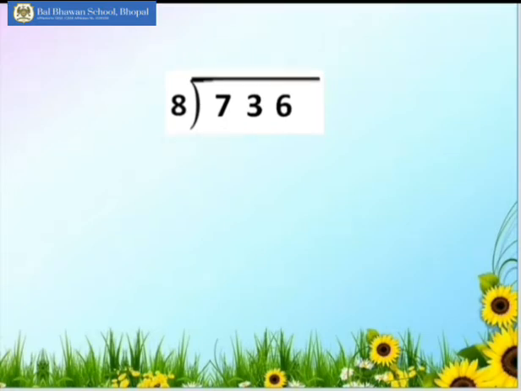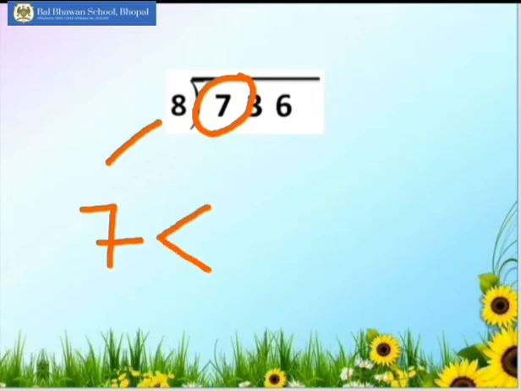Before starting the division, we will compare the first digit of the dividend, that is 7, with the divisor. So here the divisor is 8. Children, as we can see, 7 is smaller than 8.